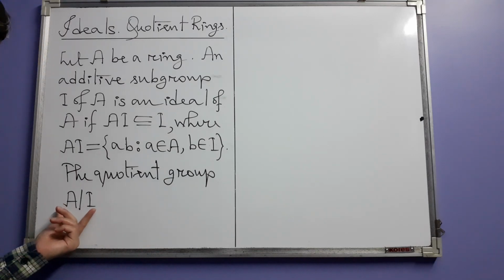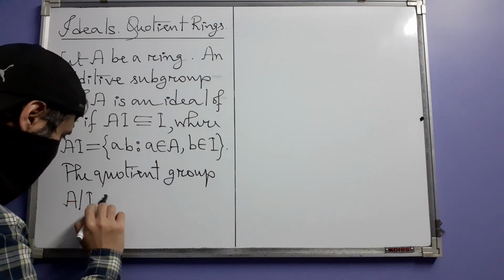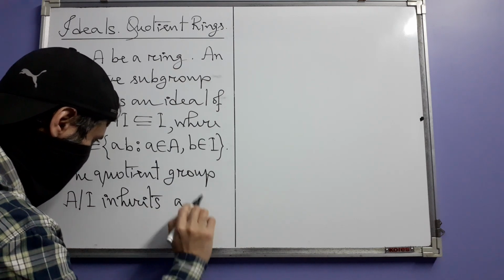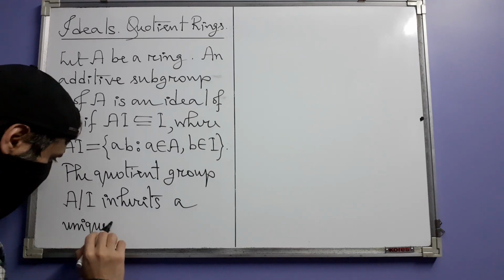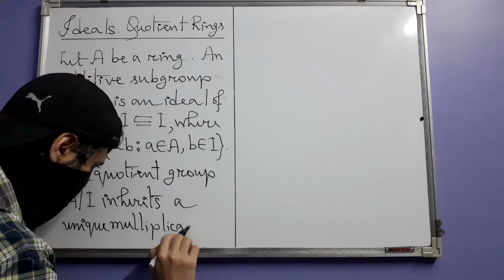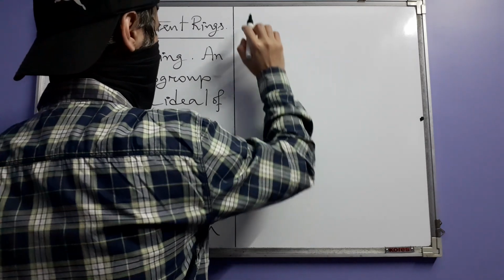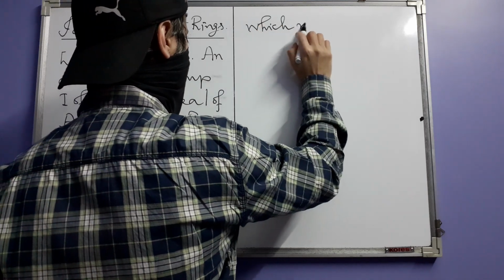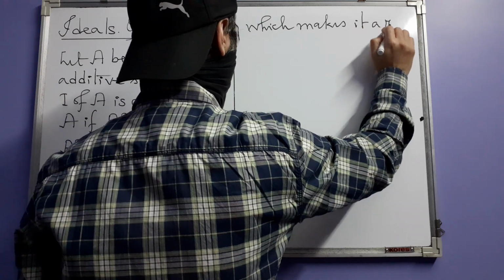So we can of course consider this quotient group. And this quotient group inherits a unique multiplication which makes it a ring.